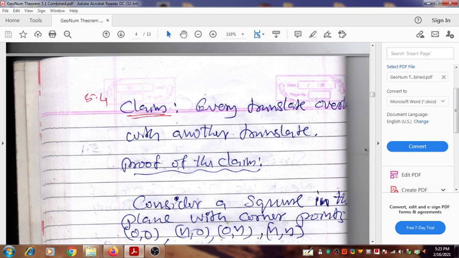So what do we claim here? We claim that every translate overlaps with at least one other translate, and we now proceed to prove the claim.